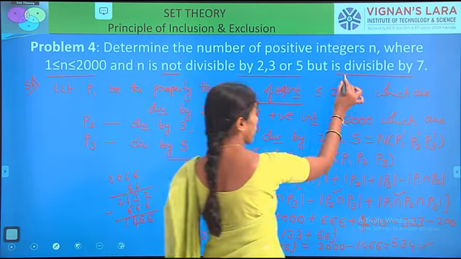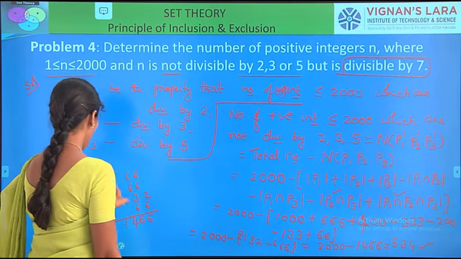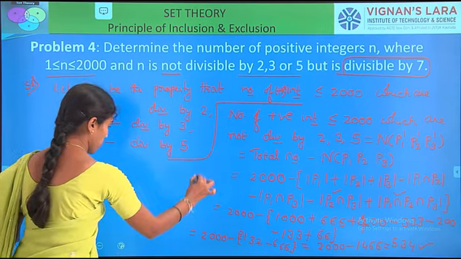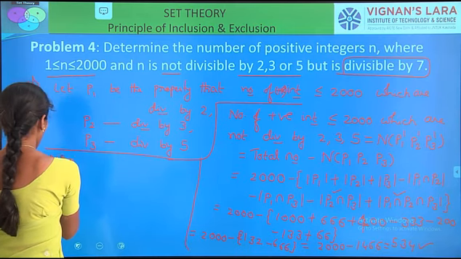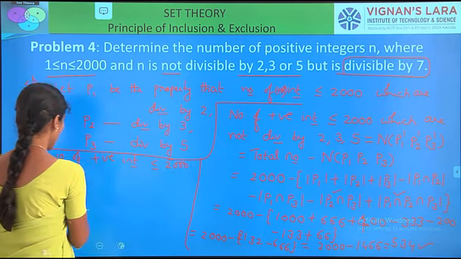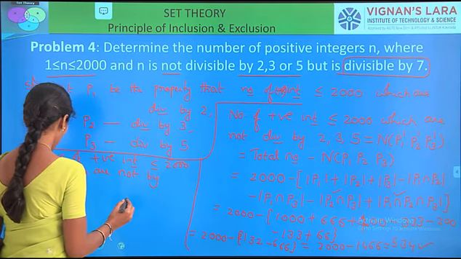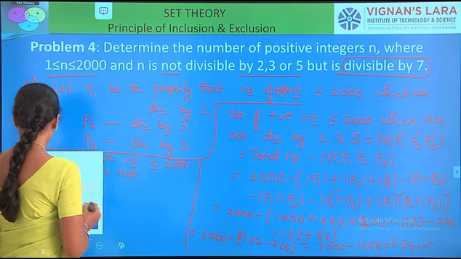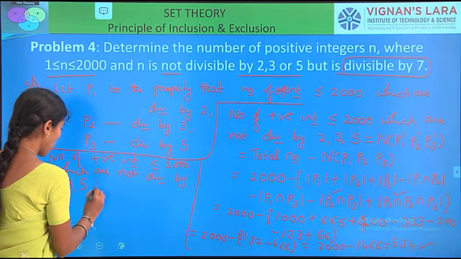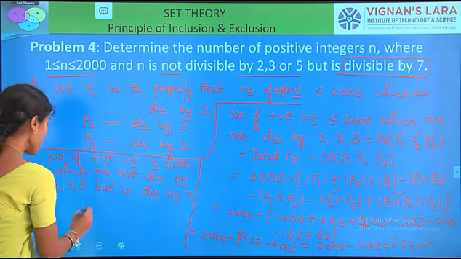But one more requirement is there: it must be divisible by 7. To calculate that value, we simply take the number of positive integers less than or equal to 2000 which are not divisible by 2, 3, 5 but divisible by 7.